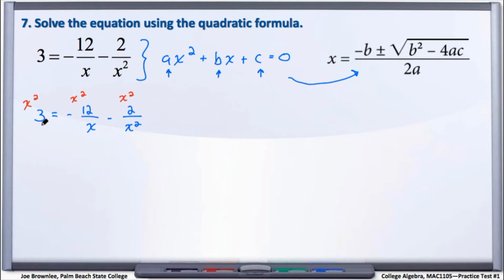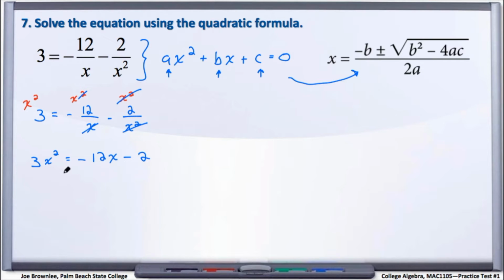So now on the left, we have x squared times 3, which gives us 3x squared, equals, and here this single x is going to cancel out with one of the x's that we're multiplying by, leaving a single x times negative 12, so that gives us negative 12x, and then minus from the original equation, x squared cancels with x squared, and we're left with just our 2.